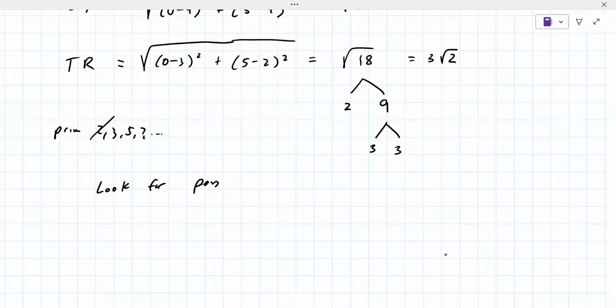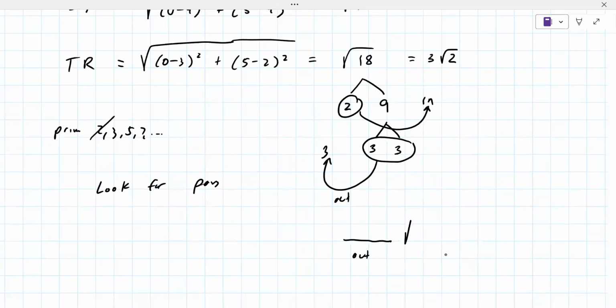There's a pair of 3s. When you have a pair, you can bring one out. You can bring a 3 out, but the 2 has nothing to pair with, so it stays in. The 3 comes out, the 2 stays in. Now there's a whole unit we can do on this, but for right now, that's probably sufficient.